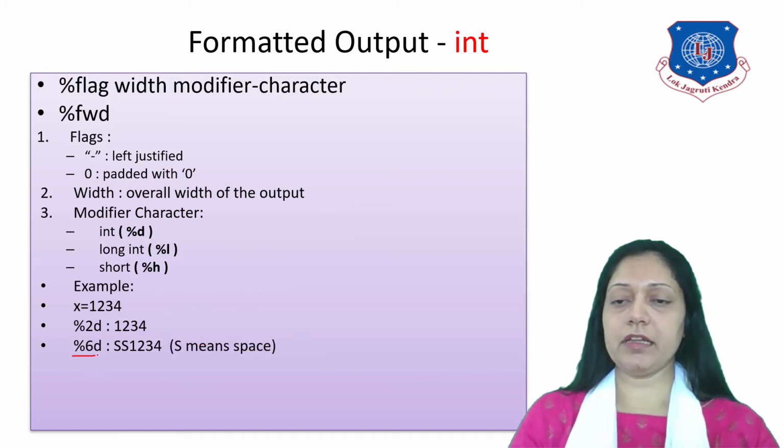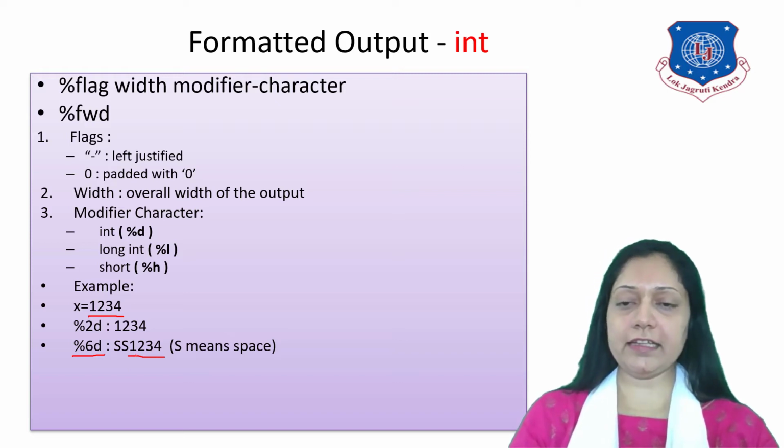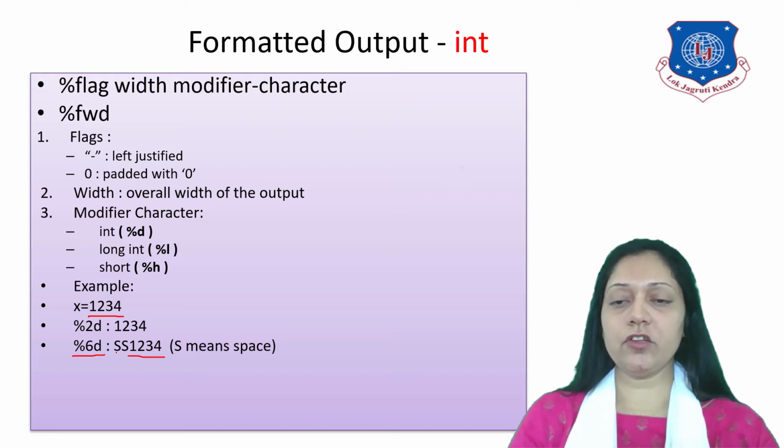Let's see the next example, %6d. Here the width is equal to 6. The number is 1234, which has 4 digits, so you have 2 extra spaces in the output. By default, integers are displayed right justified, so 1234 would be on the right hand side, and before the 1 you will have 2 extra spaces. So 2 spaces and then 1234 will be displayed on the screen. That is, 6 places in total: 2 spaces and then 1, 2, 3, 4.